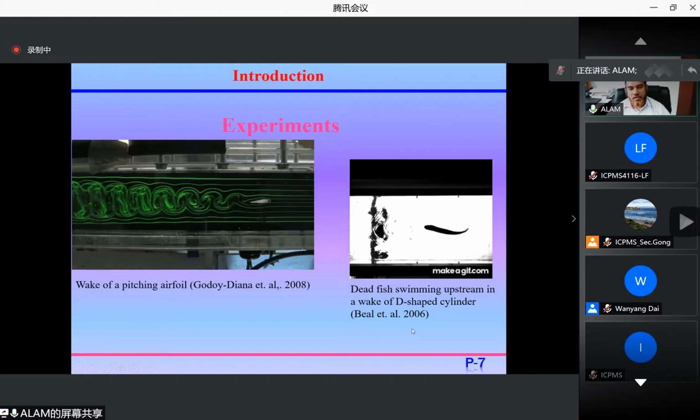And Beal et al. did experiments with a dead fish behind a D-shaped cylinder. The D-shaped cylinder makes a wake behind it, and if a dead fish is put in the wake, then the fish can easily go upstream. That means if a dead fish follows a live fish, the dead fish can easily follow the live fish. That means it can move forward, have a thrust.